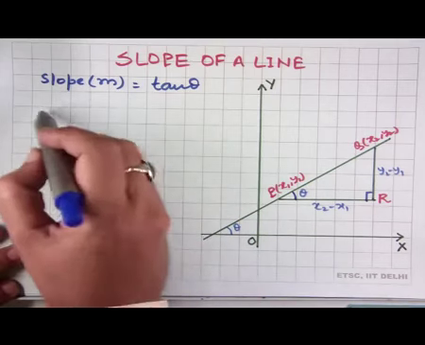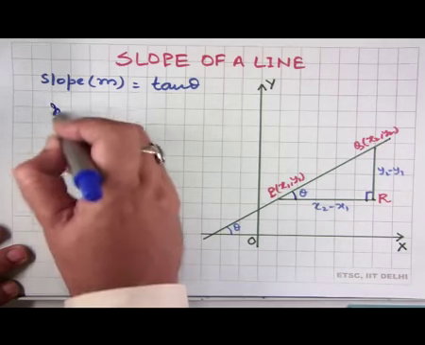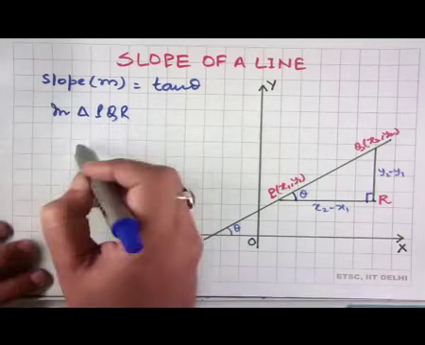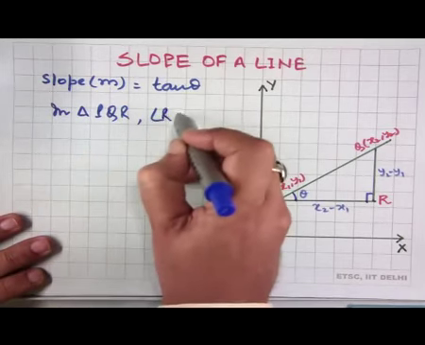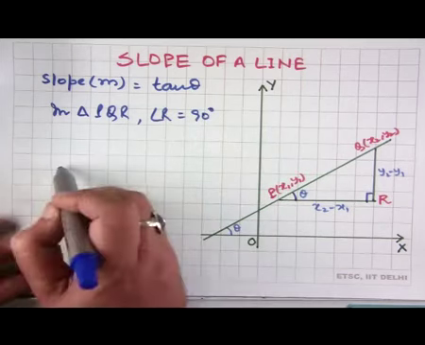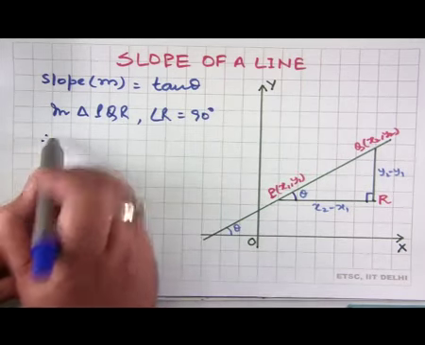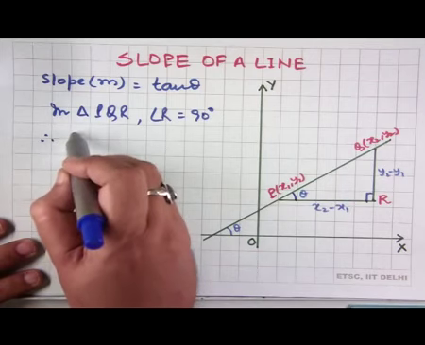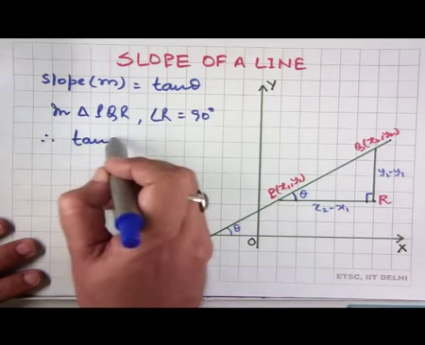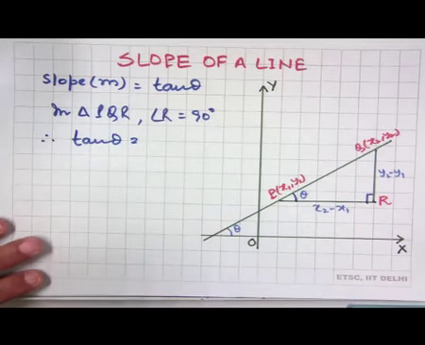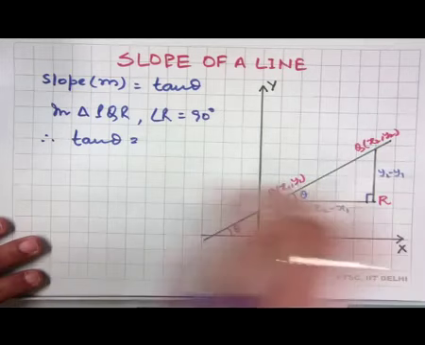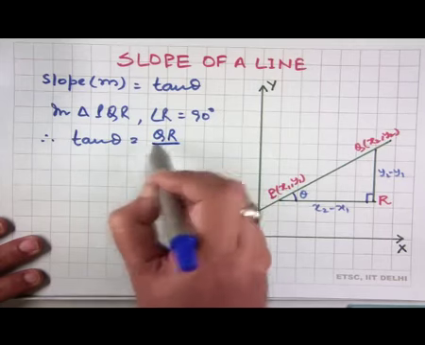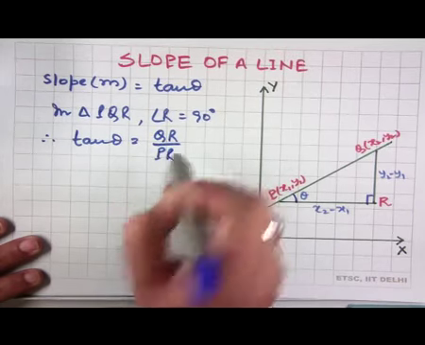So tan theta in triangle PQR, angle R equal to 90 degrees. So tan theta is equal to QR by PR, perpendicular by base.